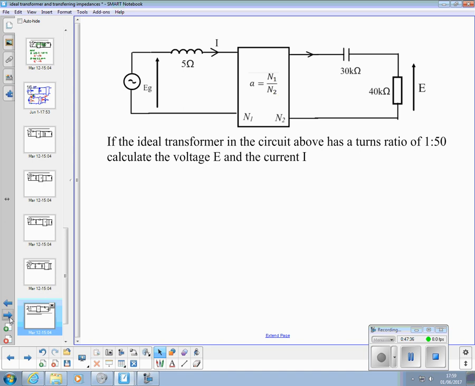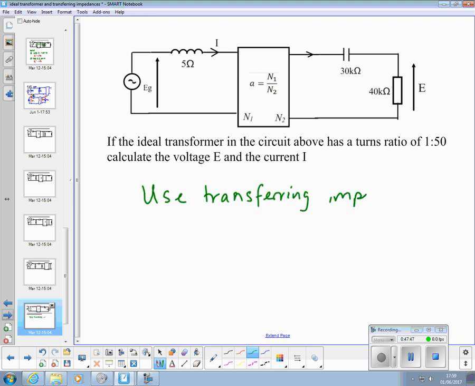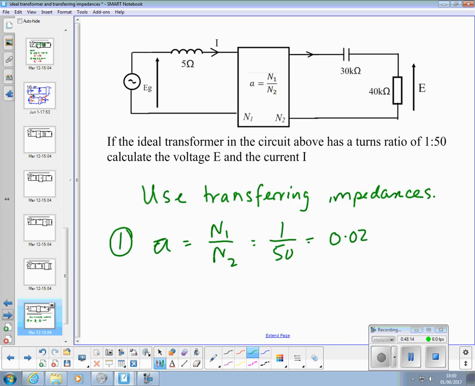So we're going to use transferring impedances. First of all, the ratio is equal to N1 over N2, 1 over 50, which is 0.02. We're going to need that, aren't we?